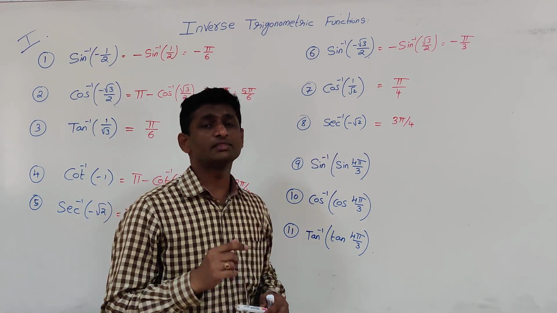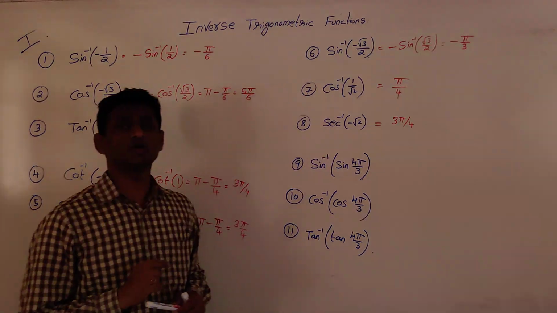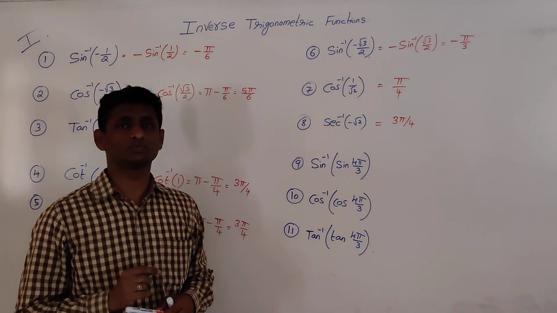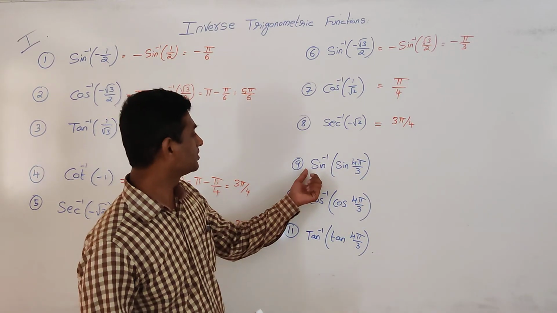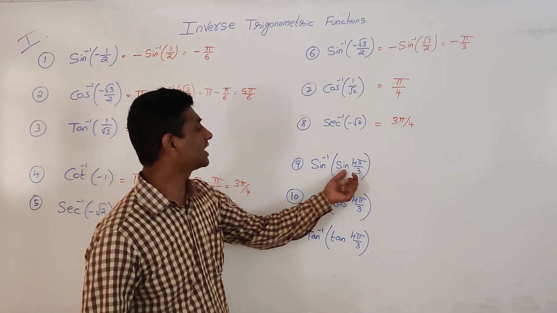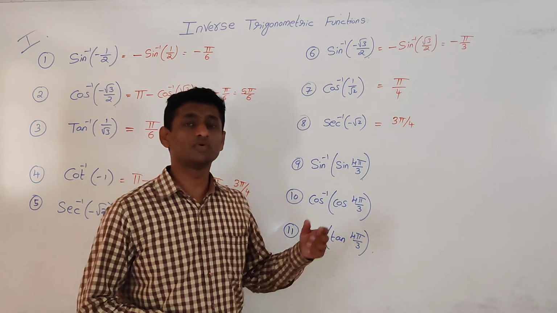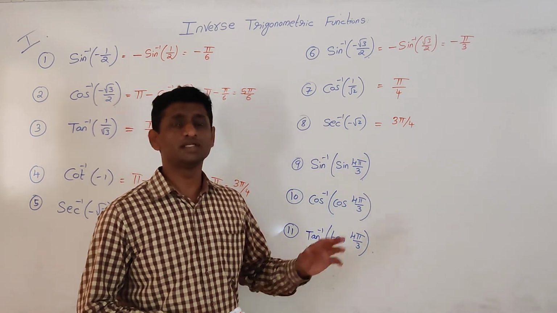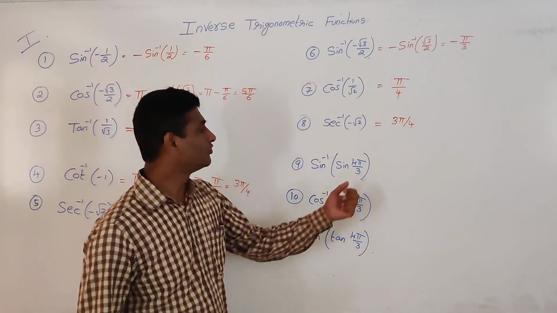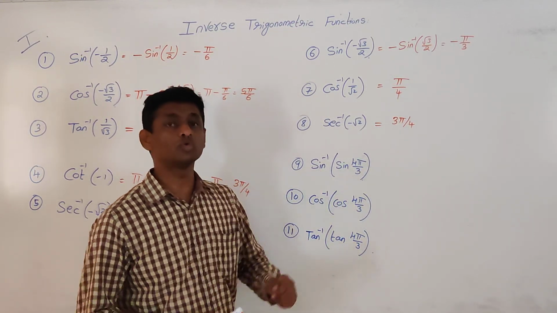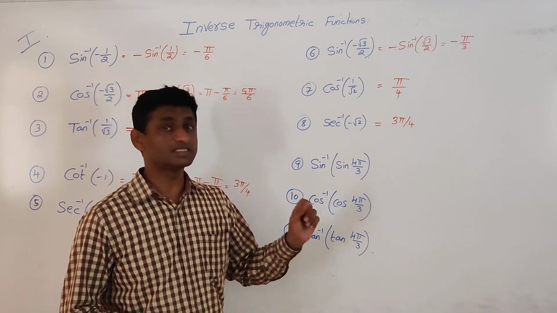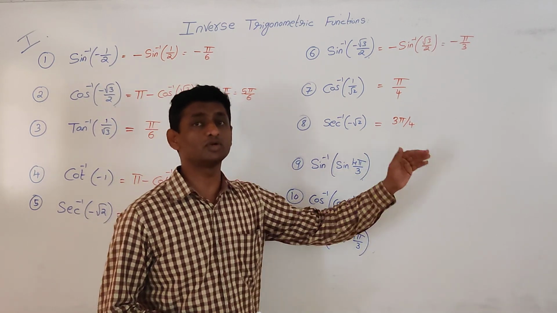Tan inverse of tan theta is theta if theta belongs to minus pi by 2 comma pi by 2. Coming to the problem, sin inverse of sin 4 pi by 3, if you assume that it is 4 pi by 3, it's false, because pi by 3 means 60, and 60 into 4 is 240. So 240 doesn't lie between minus pi by 2 to pi by 2.